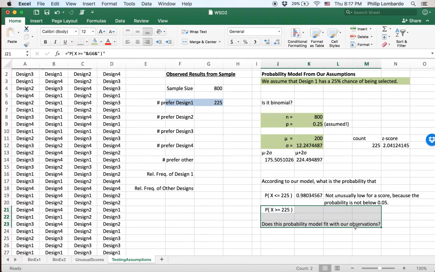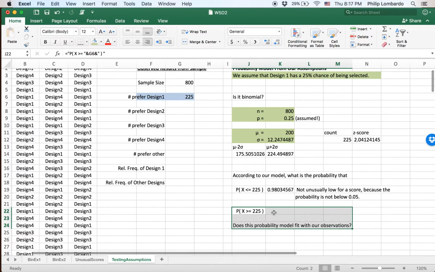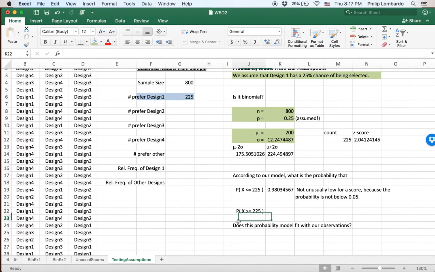The other option is that you could have a certain count or a score be unusually high. Right? Now in this case, when you're testing for unusually high, you want to find out the probability of getting that count or something greater. So here we want the probability x is greater than or equal to 225. When we're dealing with the greater than, we're going to use our usual trick where we start at 1 and subtract off the values we don't want, which would be 224 and below.